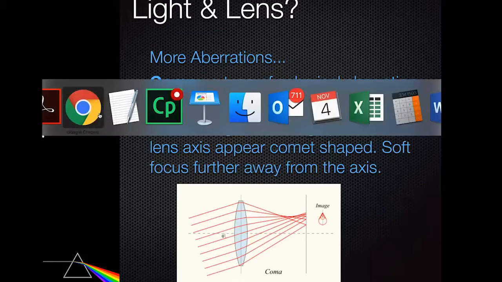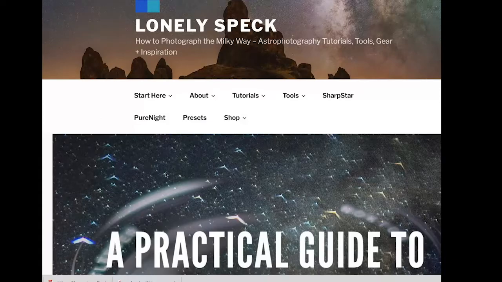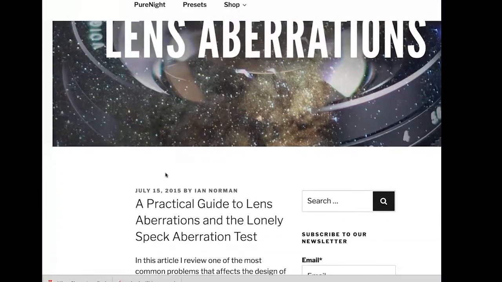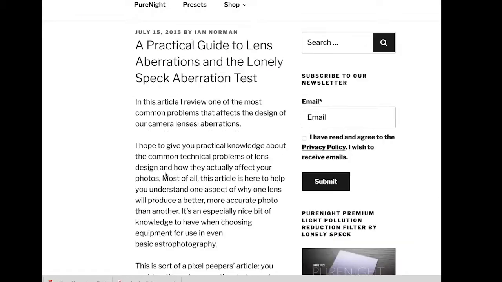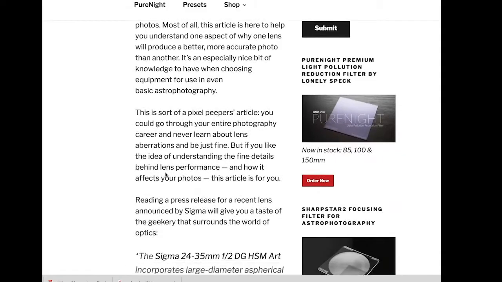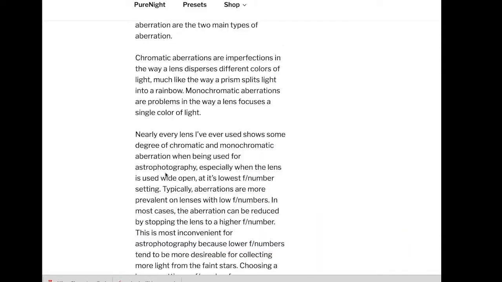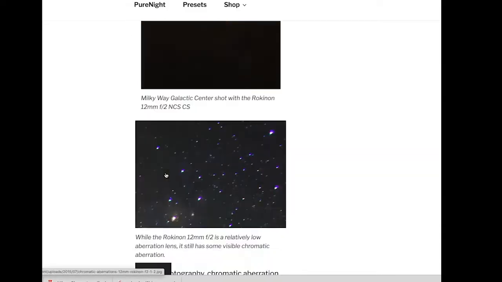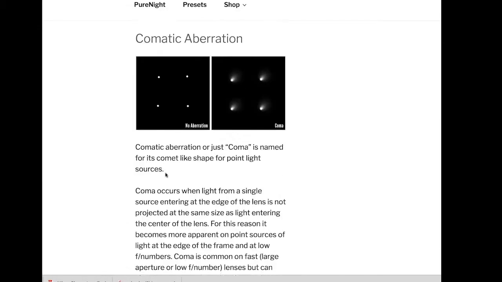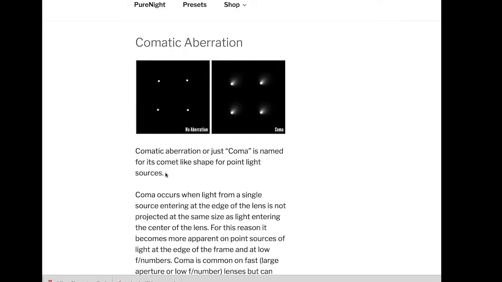Actually, here's the website here. It's called Lonely Spec. And the person is just talking about lens aberrations, specifically how they apply to people who do astrophotography. And I'm just going to zoom right down to where there's all these articles. Again, how much you want to read is kind of up to you. And there's coma right there, and you can see it.